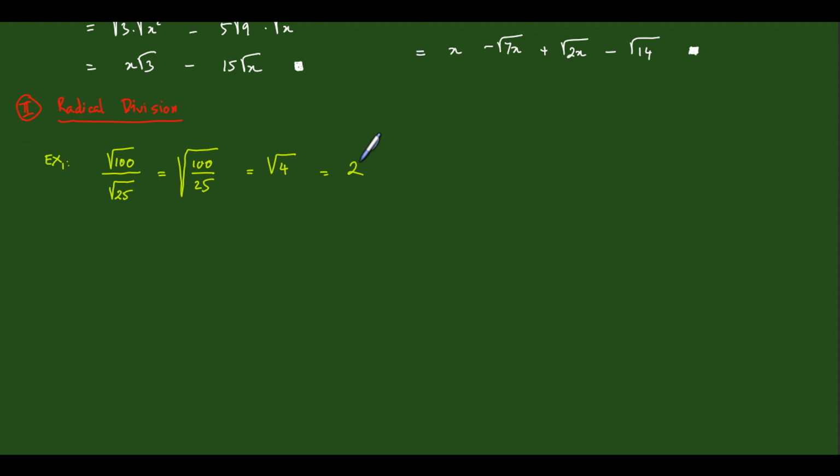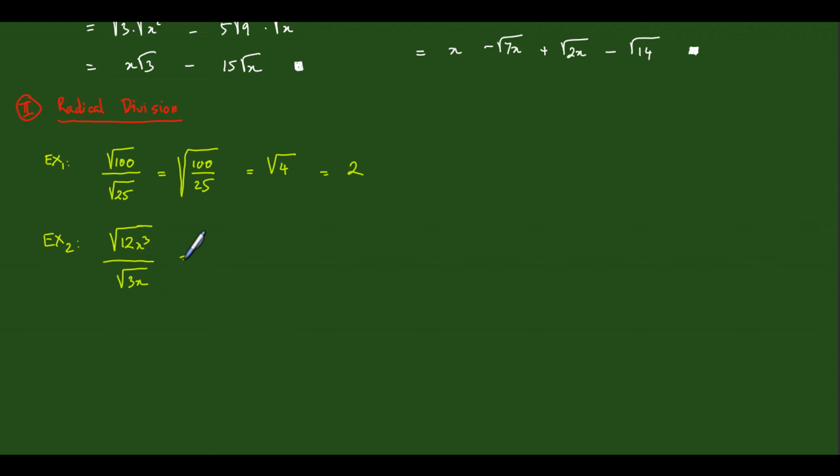Now I'm going to give you an example where we have to deal with variables. What if I have something like this: the square root of 12x to the third divided by the square root of 3x.